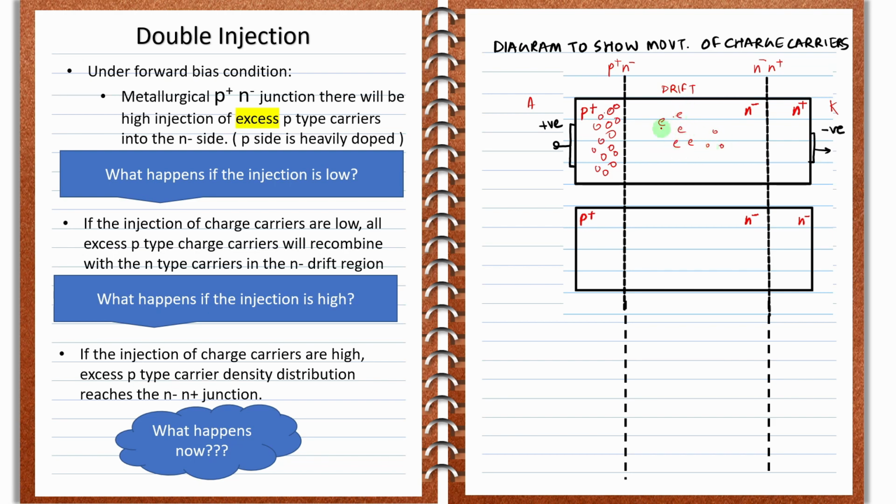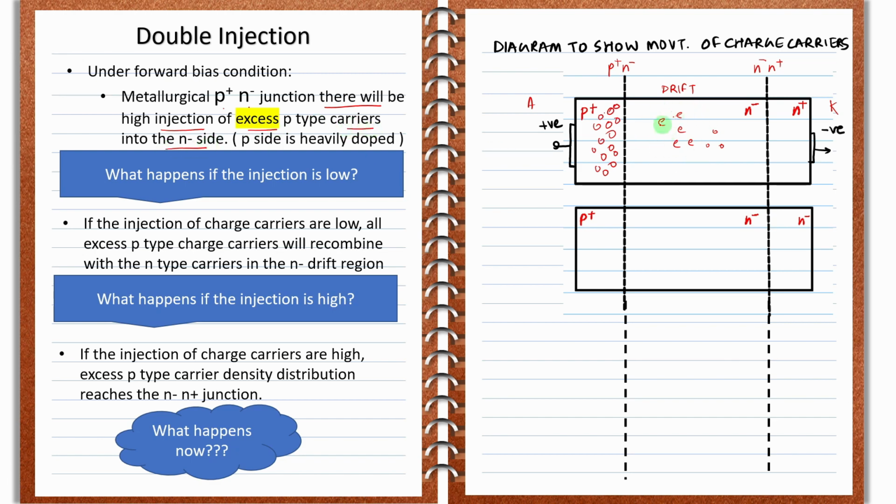Because this is n-type material, you will have some electrons, a smaller number due to light doping, and the hole concentration will be still lesser. So what will happen here? Under the forward bias condition, at the metallurgical P plus N minus junction, that means this junction here, there will be high injection of excess p-type charge carriers into the n side.